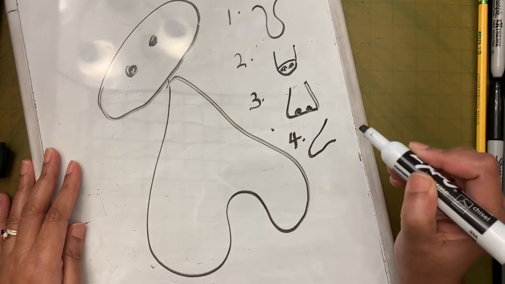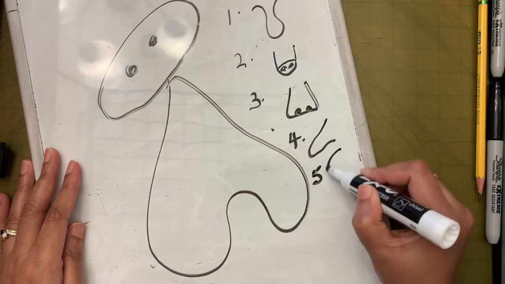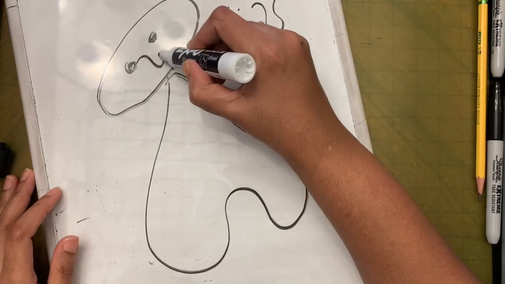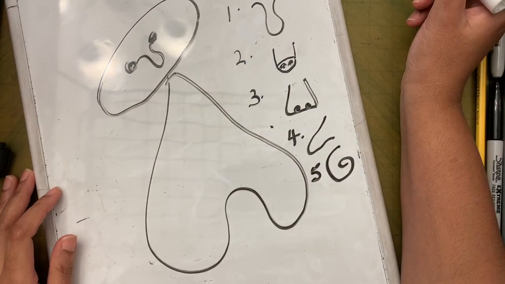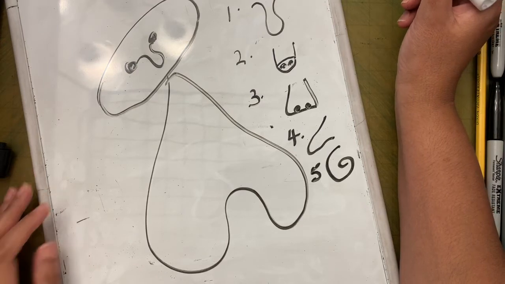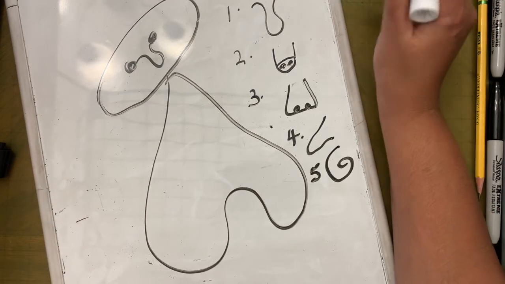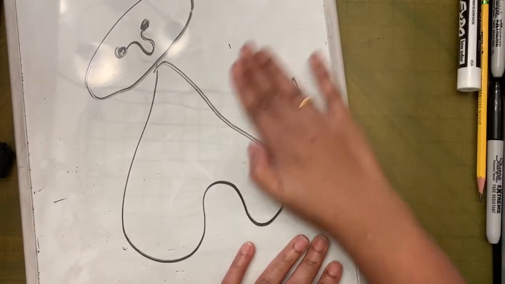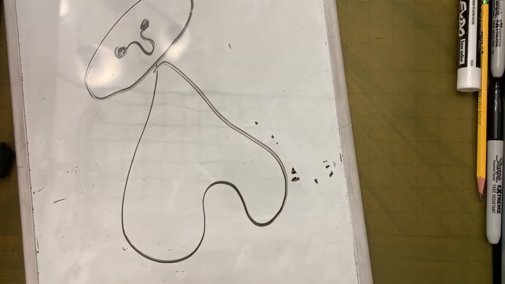Maybe like that, or like this. Okay, I'm going to use this one. So we have the nose now. So we have that. Now we need, I'm going to, the legs.